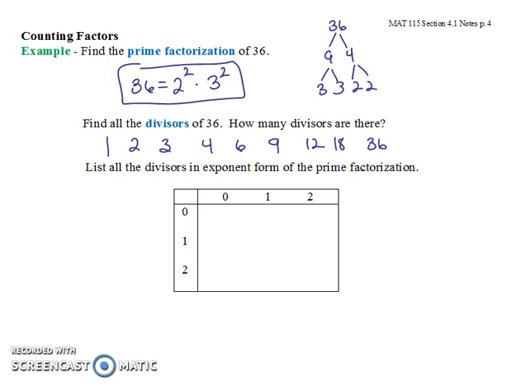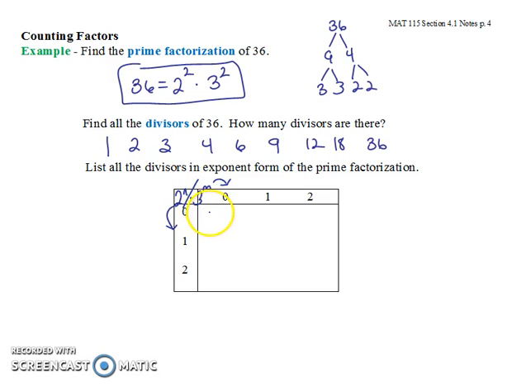So if I look at my factorization of 36, since it's only of those 2 numbers, I'm going to look at my 2 to the zero power this way, and then 2 to the, let's say, nth power. And we're going to call this times 3 to the nth power. So my 2 to the nth power, I'm going to go this way. My 3 to the nth power, I'm going to go this way.